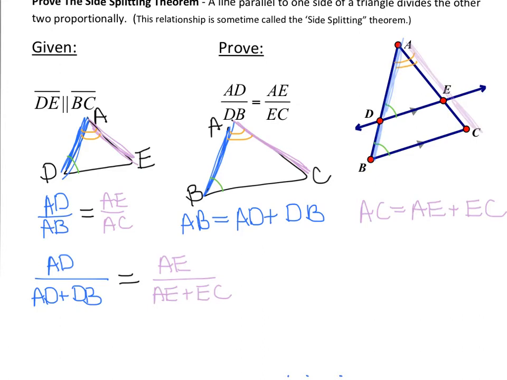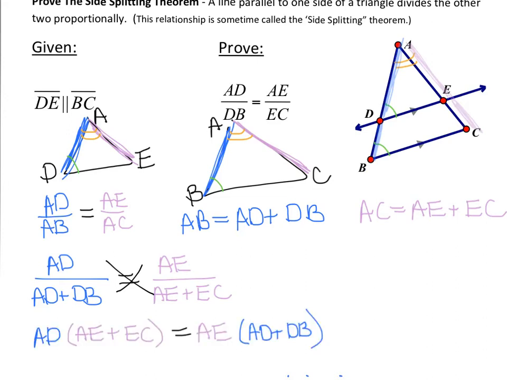We're going to begin by cross-multiplying. Once we've cross-multiplied, the next step, of course, would be to distribute AD to both AE and EC, and AE to AD and DB. This would give us the following equation.